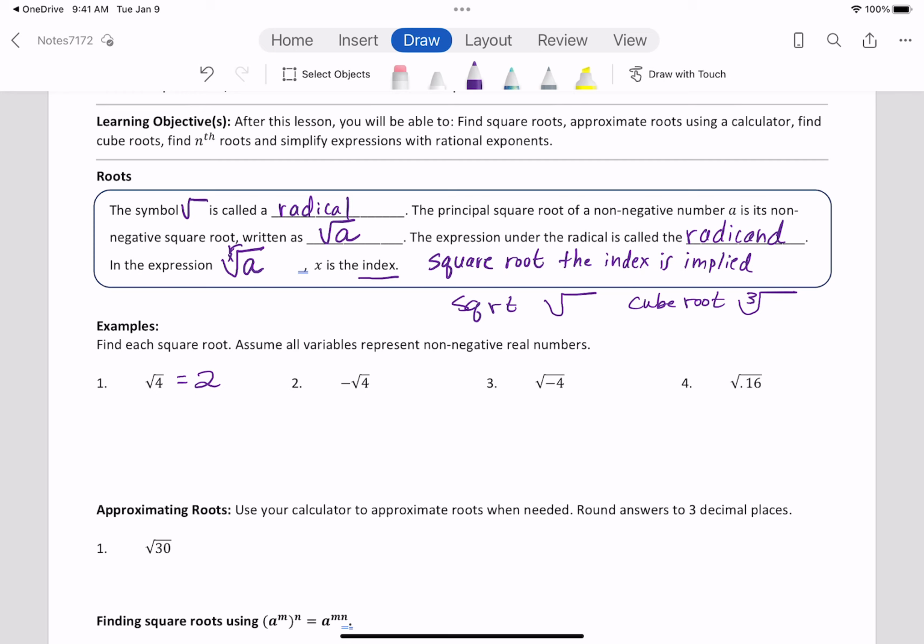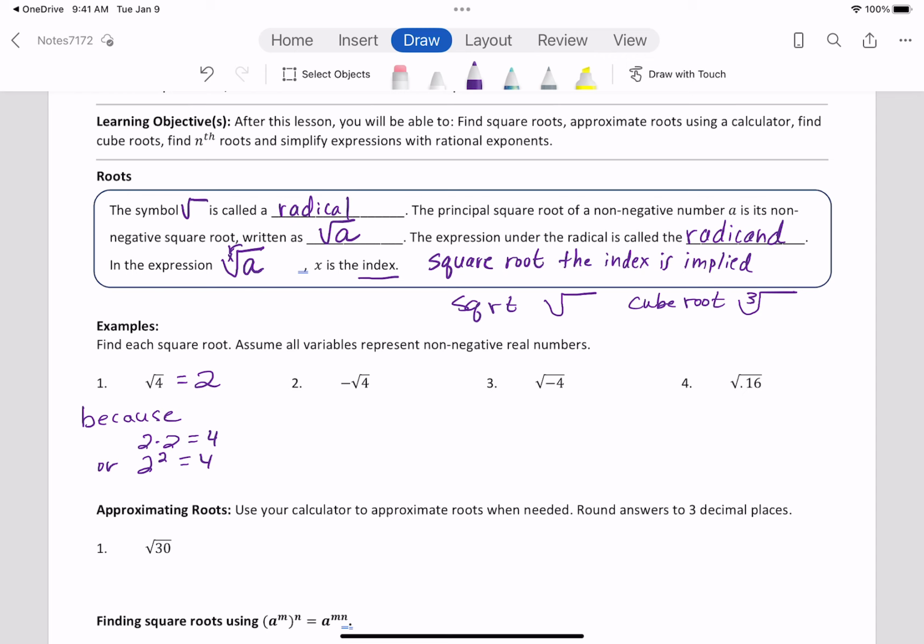The problem is we really need to understand why that's true and how to write mathematically that it's true, because the stuff that we're going to deal with coming up is going to require it. So I'm going to write here the square root of 4 is 2 because 2 times 2 is 4, or you can think of it as 2 squared is 4 because 2 squared just means 2 times 2, right?